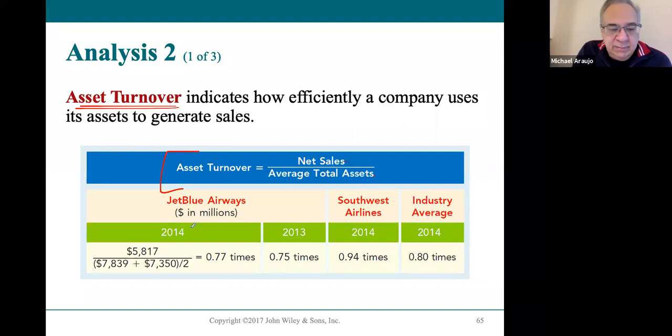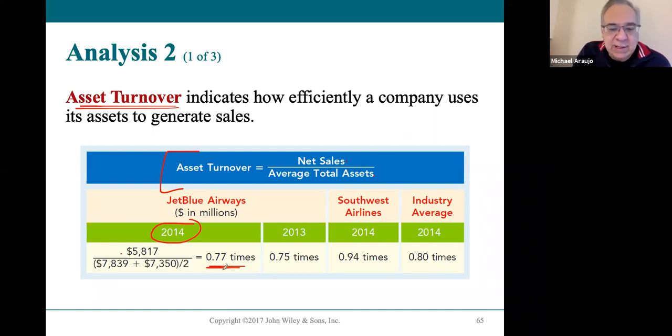Here for JetBlue in 2014, they had $5.8 billion in net sales, divided by average total assets of about 7.5 billion. So that's 0.77 times. Another way to look at this is for every dollar in total assets, they're generating about 77 cents in sales.